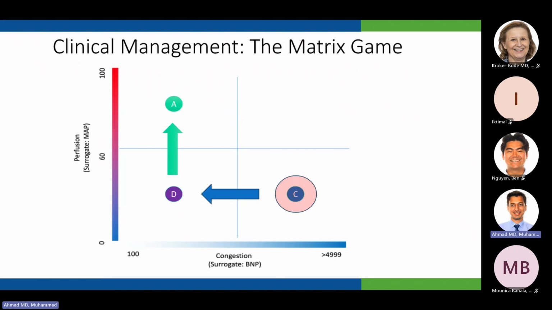It can, but if you start the inotrope, that will support your blood pressure and then allow you to do the diuresis. That's why we start them at the same time, and why you move along the diagonal, so that you don't have to go across and then up. If you start simultaneously, the inotrope will support your blood pressure, then you can be as aggressive as you need to be on your diuresis.